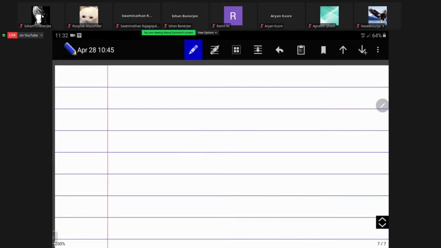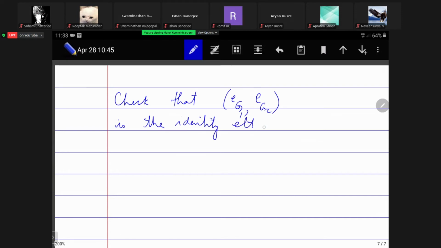Check that (e_G1, e_G2) is the identity element. Also check that it is associative. So 1 is associativity, 2 is the identity element, and 3, if you take the pair (g1, g2), its inverse is (g1 inverse, g2 inverse).